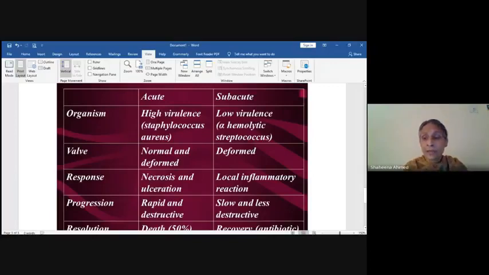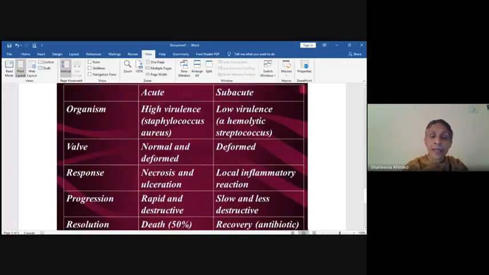Now what is going to be the response of the body? In cases of acute endocarditis, you will see necrosis and ulceration because there is going to be acute inflammation. It's endocarditis, itis, so it is inflammation. Just remember all the changes that occur in inflammation. So in acute cases, you will find all the signs and symptoms related to inflammation.